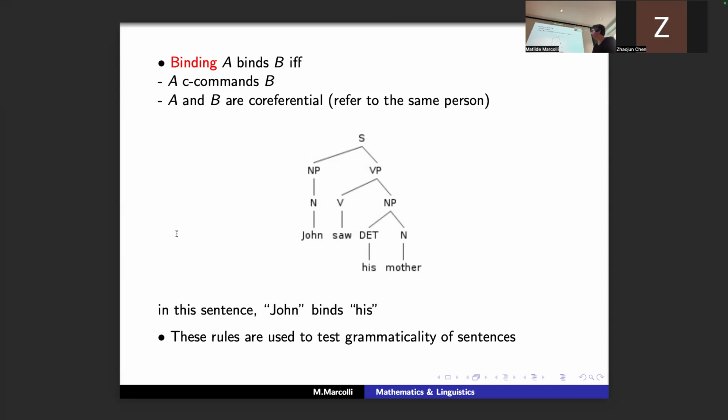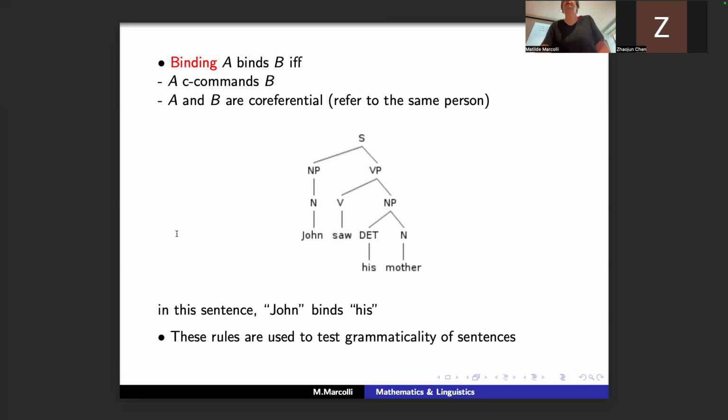For example, if you have a parse tree of a sentence like this, John saw his mother, John and his are co-referential because they refer to the same person. Of course, if you say John saw his mother and his is someone else's mother, then this would not be in the binding relation anymore.